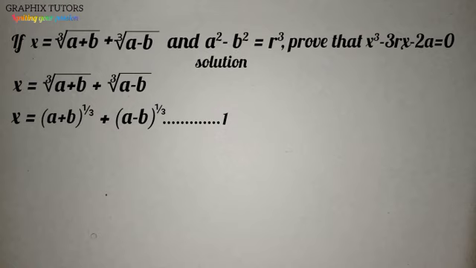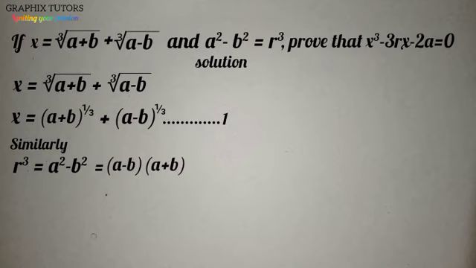The other expression says that r cubed is equal to a squared minus b squared, which can also be written as (a minus b)(a plus b), because it is a difference of two squares. Now, if I make r the subject of the formula, the cube comes to the other side of the equation sign and will now invert.